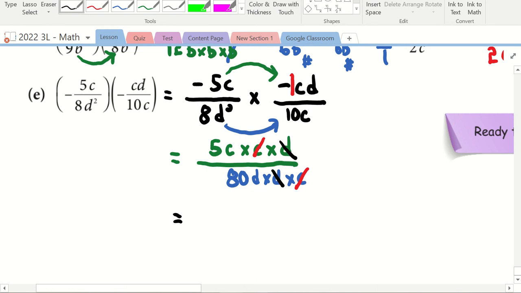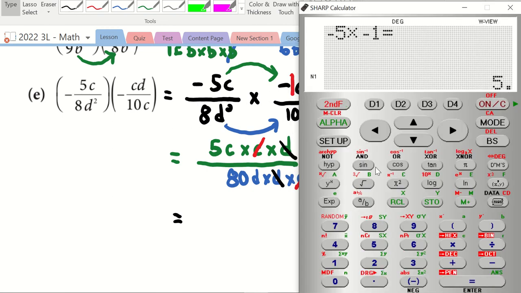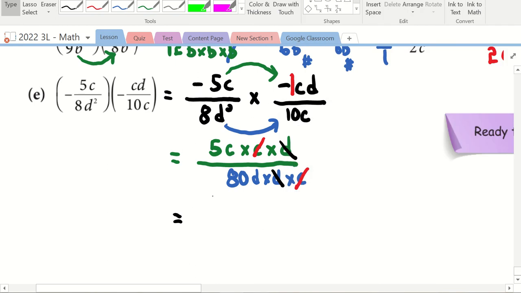First thing, I check the number using calculator. 5 divided by 80. 1 over 16. 1 on top, 16 below. What are the letters left? C on top, right? How about below? Any letter left below? D.